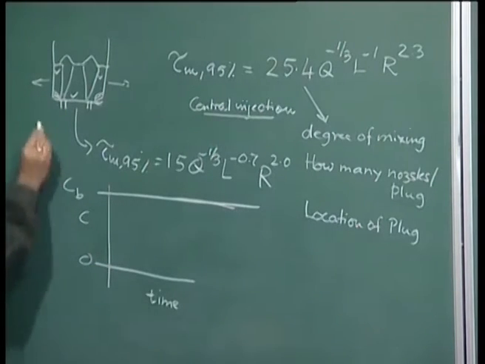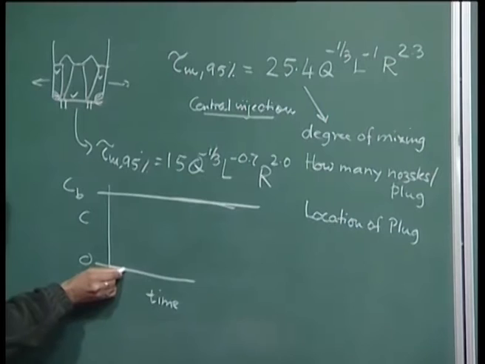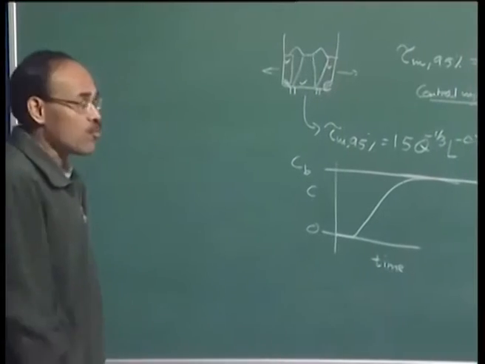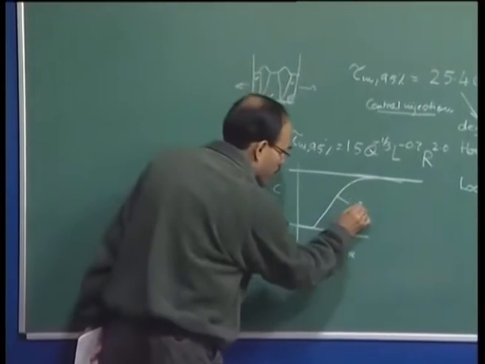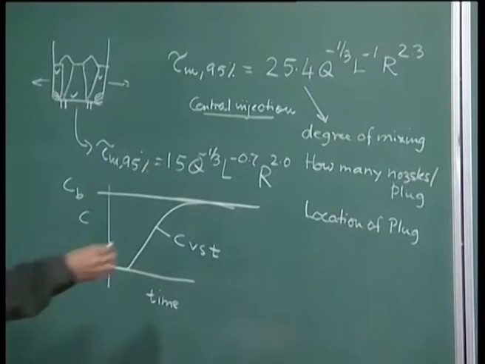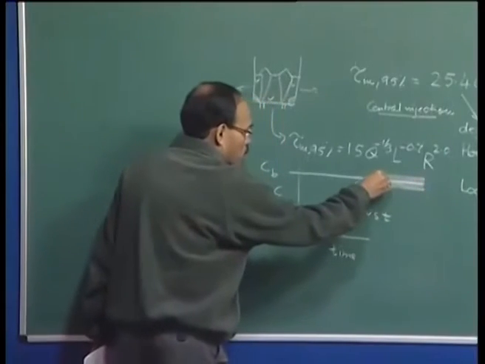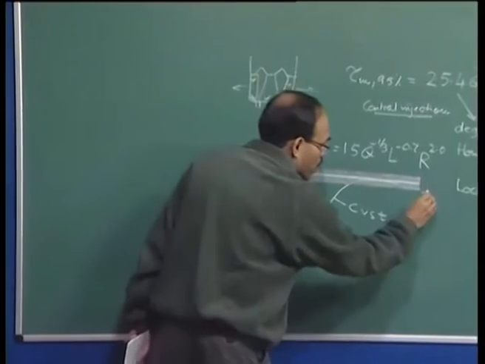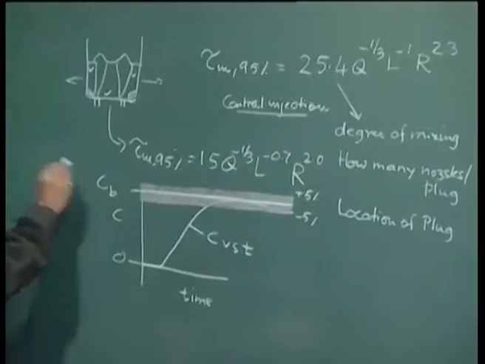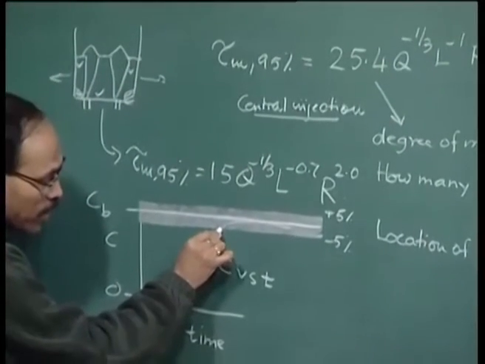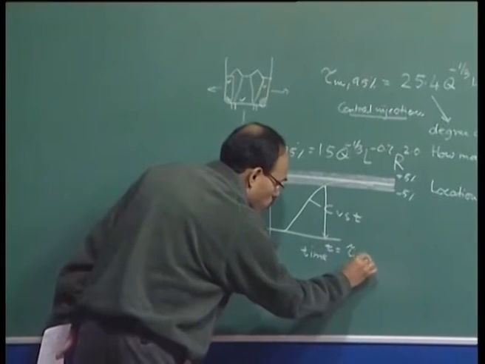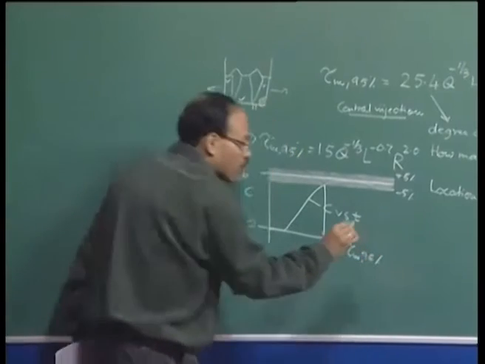If I am monitoring at this particular point, for some time the concentration will be 0, and then it will build up and eventually approach the bulk concentration line asymptotically. So, concentration of niobium versus time, and if I draw a band of plus minus 5% of Cb, then this is the time that corresponds to the 95% mixing grade.